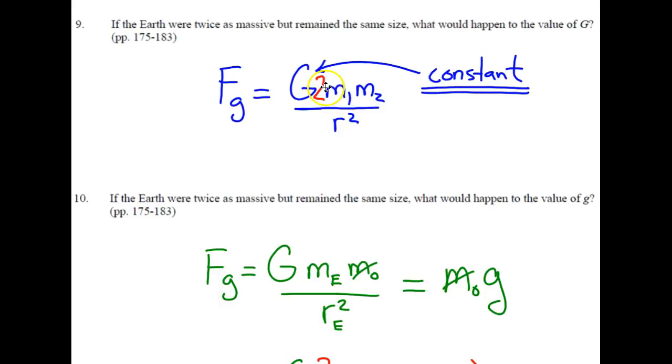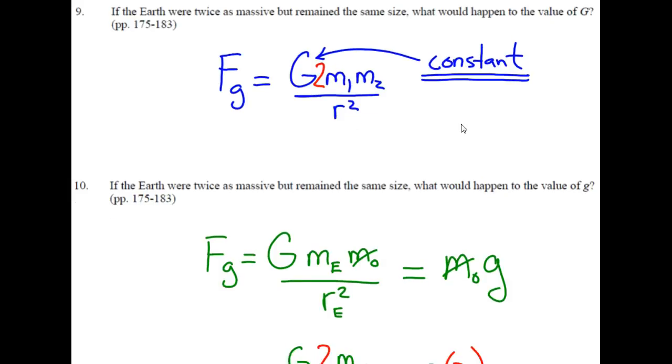If they want to double the mass of the earth but have its radius stay the same, what would happen to the value of big G? Big G is a constant. It's the universal gravitational constant, and so nothing would happen to it because it's a constant.